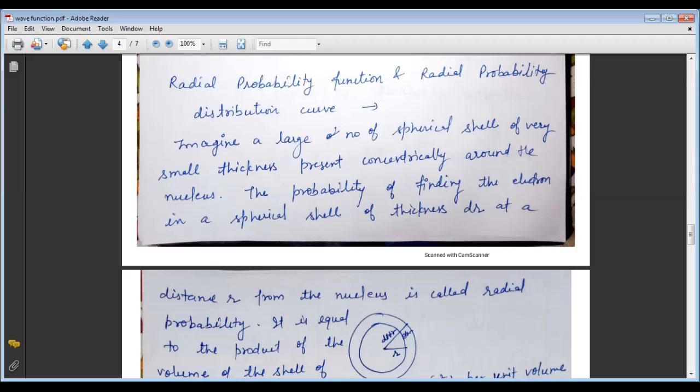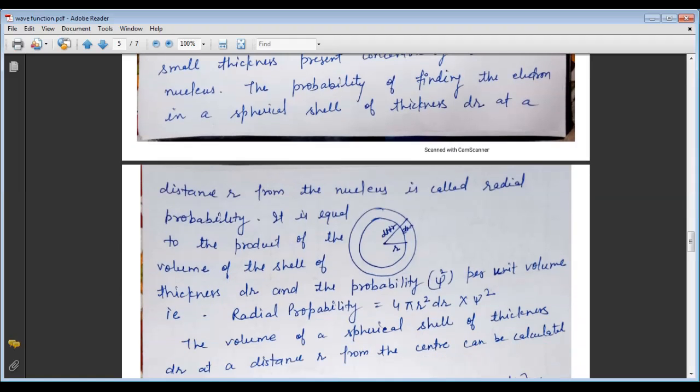The probability of finding the electrons in a spherical shell of thickness dr at distance r, where r is the radius and dr is the thickness of the spherical shell, at distance r from the nucleus, is called the radial probability.